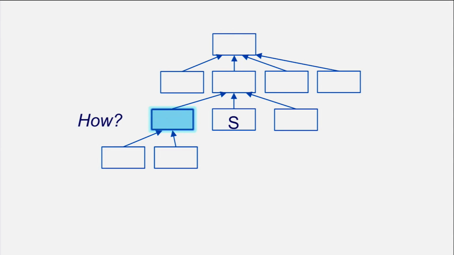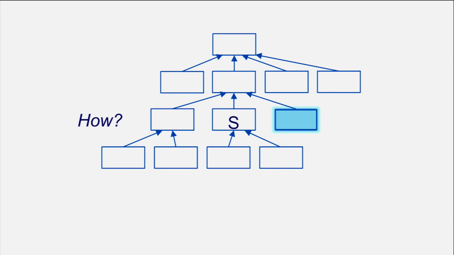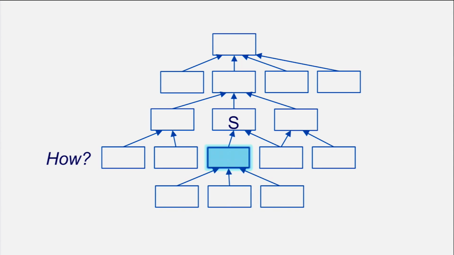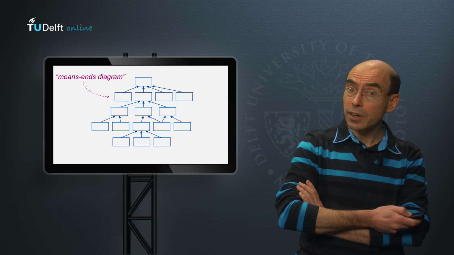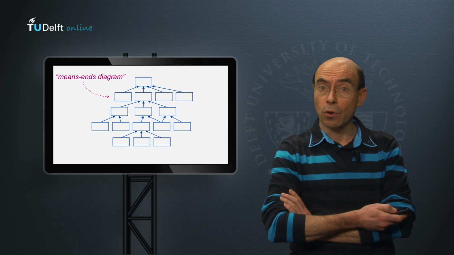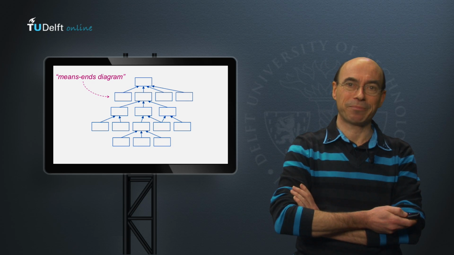By continuing to ask how, you may discover that your client has a wide range of means to achieve its ends. At some point, you should stop, typically when the means become very detailed and operational. By that time, the boxes and arrows that you have drawn form a means-ends diagram.